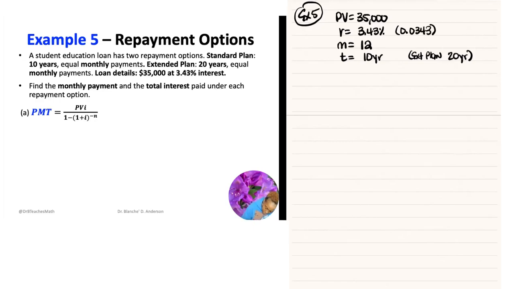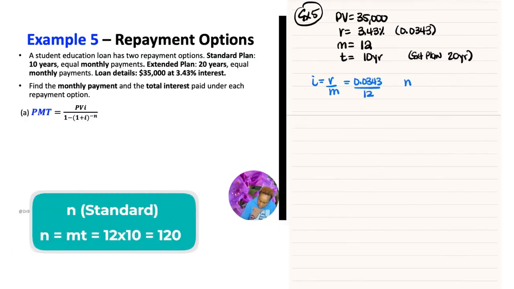Okay. Your I is R over M. So it's going to be the same for both. But your N, you're going to have two different N's. So your N is M times T. For the standard plan, it's going to be 12 times 10, which is 120.